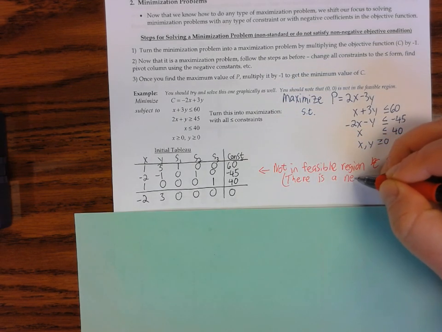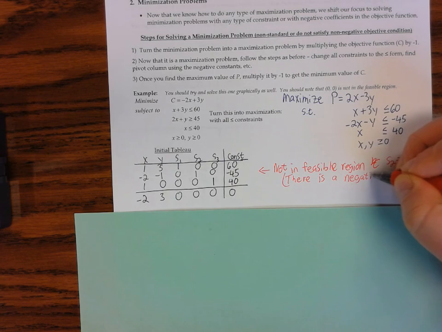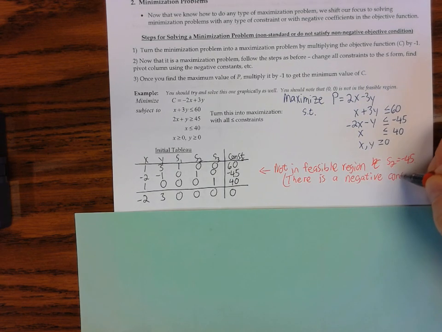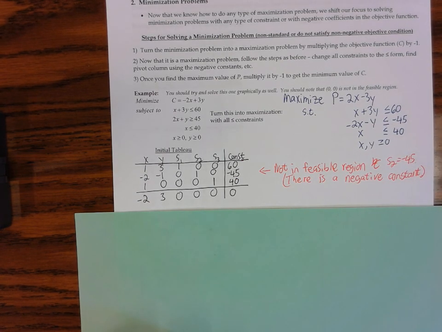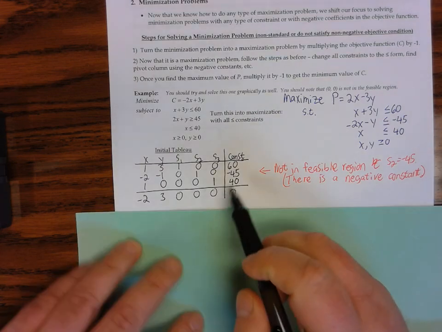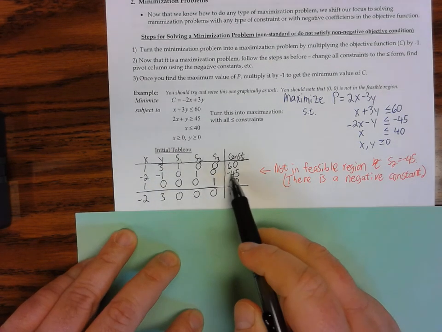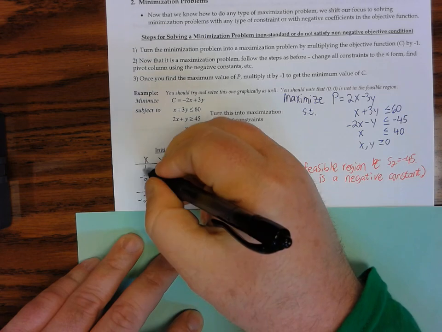So, how do we get our pivot column? That's right. We find the most negative number in the same row as the negative constant. That'll be our column. So the most negative number in the same row as -45 is -2.